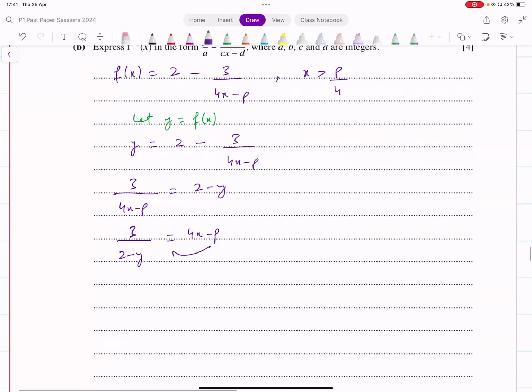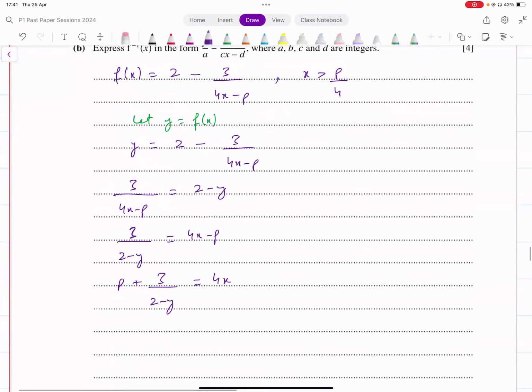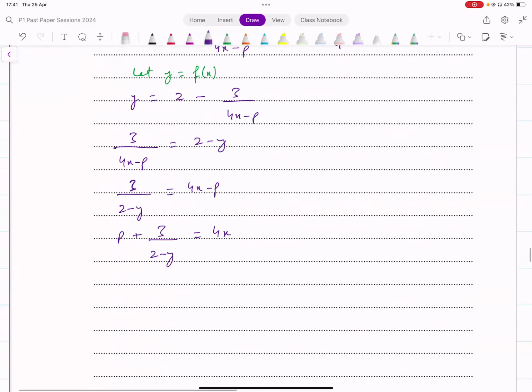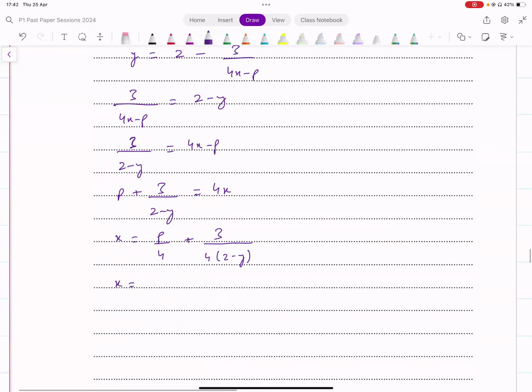And now we can take p to the other side as well. So it becomes p plus 3 over 2 minus y equals 4 times x. Divide the whole equation by 4. So it becomes x equals p over 4 plus 3 over 4 into 2 minus y. Let's simplify this. X equals p over 4 plus 3 over 8 minus 4y. This is what we get.